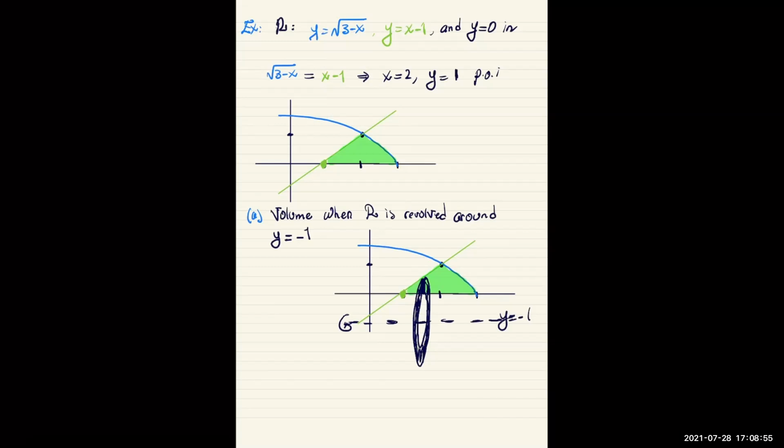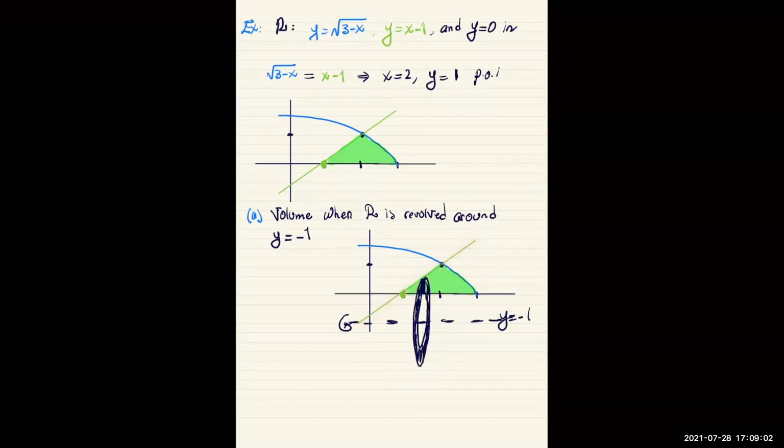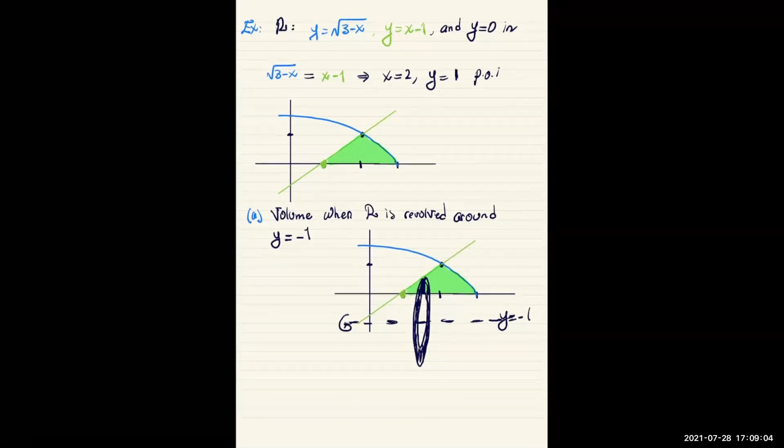Here the outer radius is determined by the green graph, whereas if I draw another strip right there, the outer radius is determined by the blue graph. You have to do two integrals here. We have to do two washers, two integrals. So the washer method is not really nice at all, but we'll do it anyway.